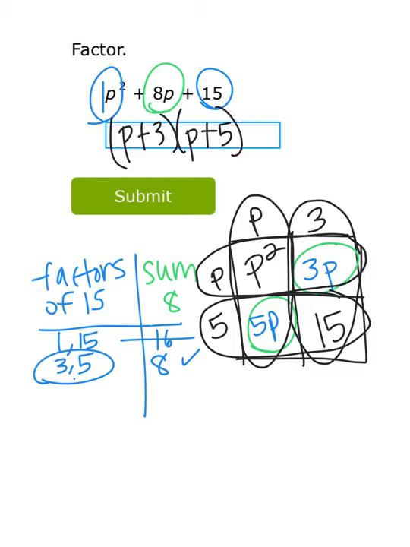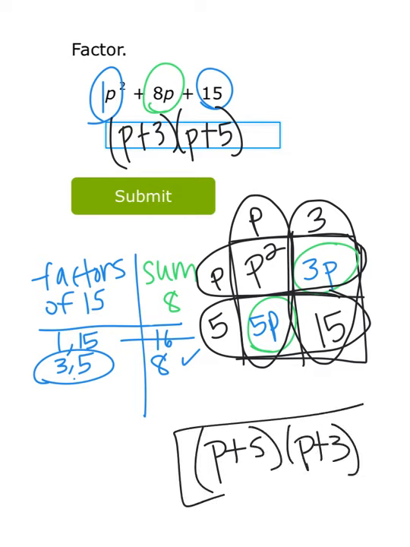You could have also written it as p plus 5 times p plus 3, and that also would be correct. Okay, once again, what do you notice between our factors of 15 that we selected, 3 and 5, and our answer, p plus 3, p plus 5? Okay, keep that in mind.